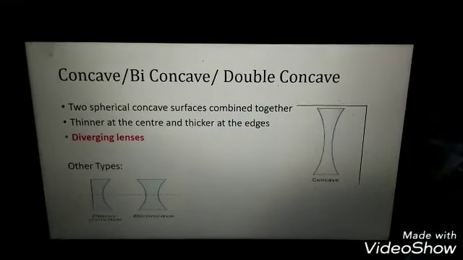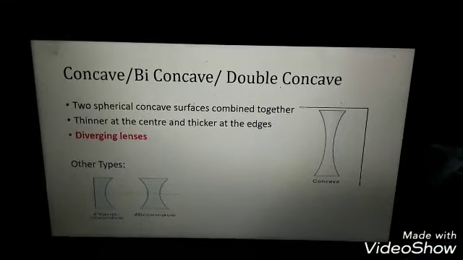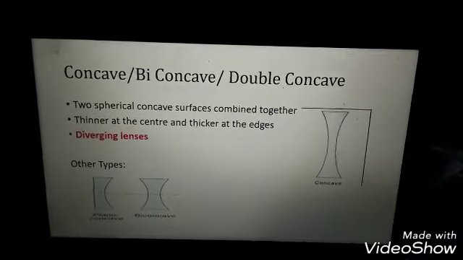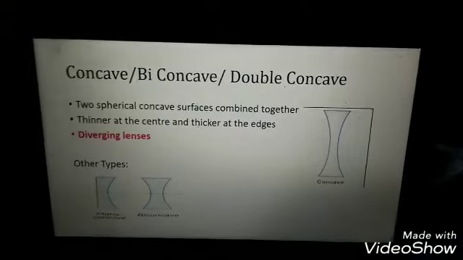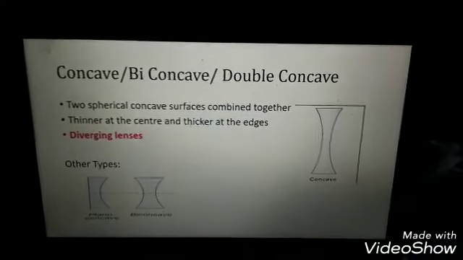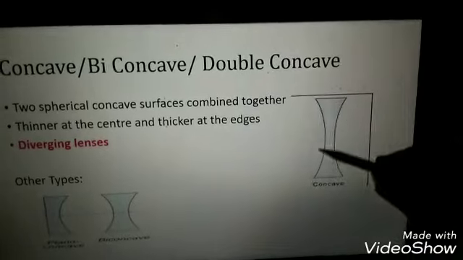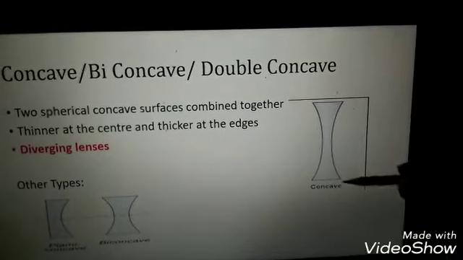Then the next one is concave, or biconcave, or double concave. When I generally mean a concave lens, or when it is mentioned as concave lens in your problems, it means a biconcave lens. Like your convex lens, this concave lens has also got two spherical concave surfaces. See, this is one concave surface and this is the other concave surface.